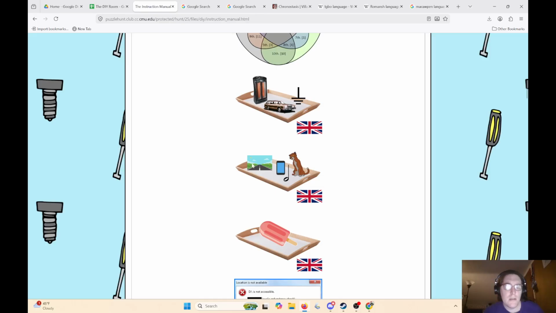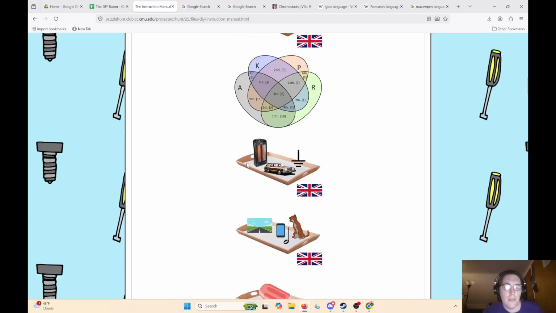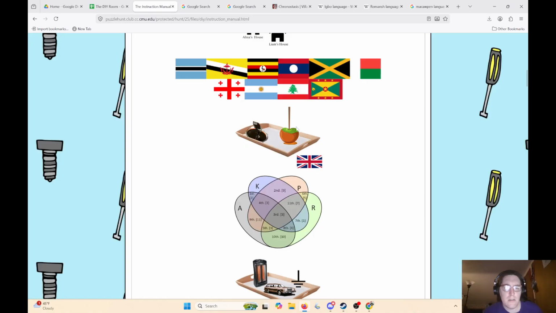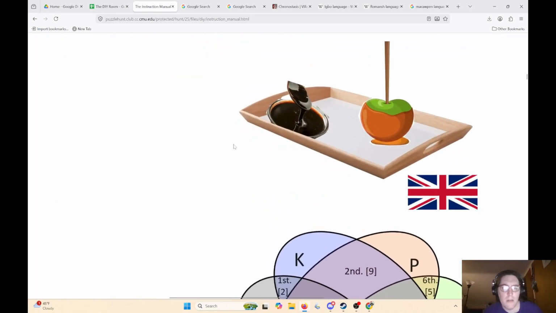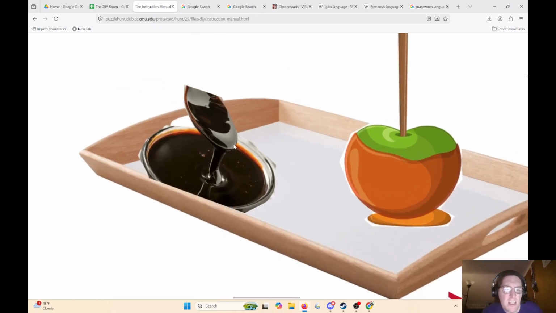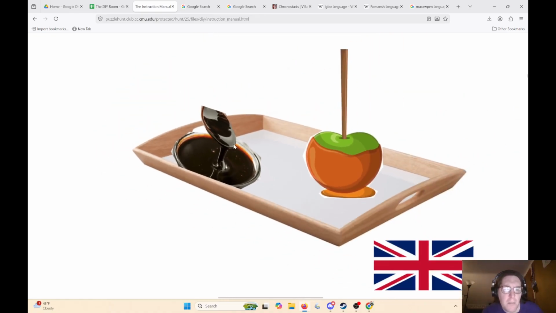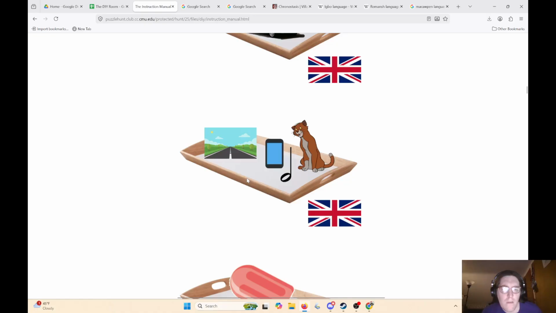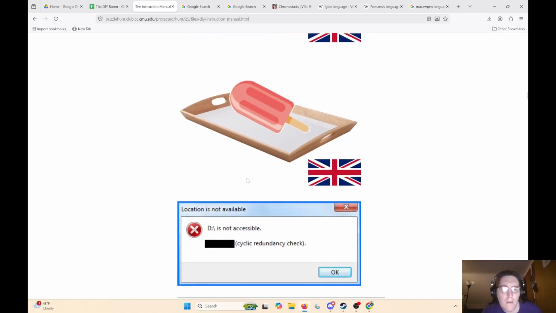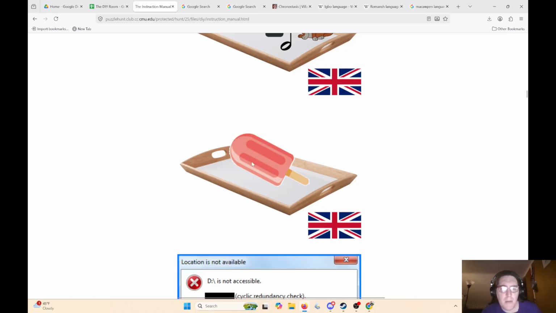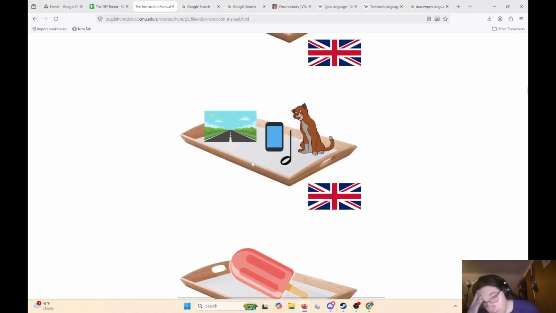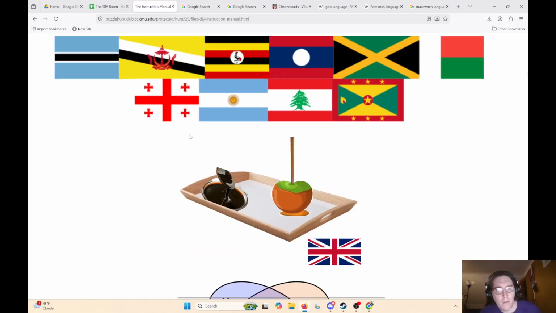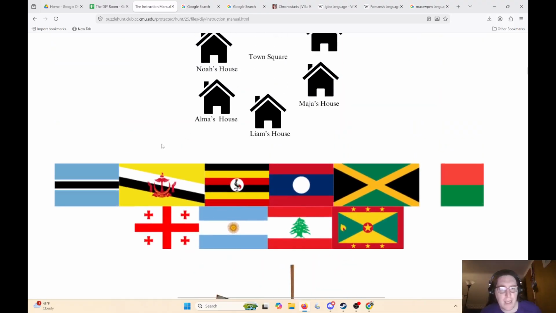Are these things that have a different name in England? What is the? Oh, is that like some sort of molasses or something? That would be a lolly, the British name. We could be identifying these flags.